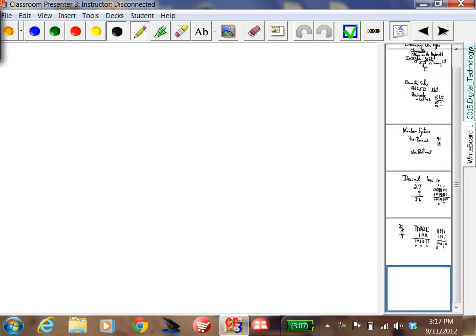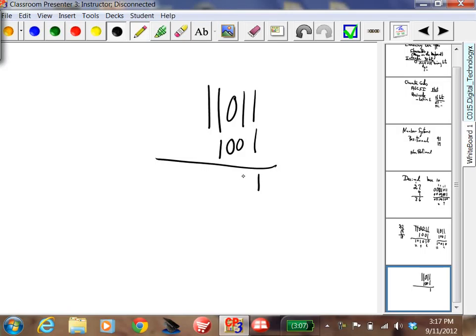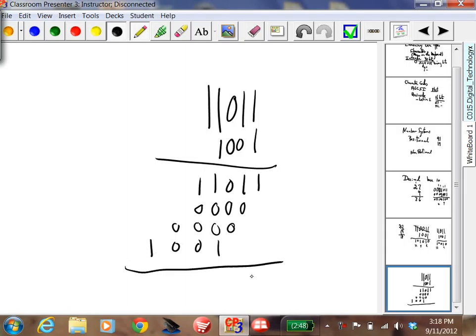Let's multiply. 1, 1, 0, 1, 1 multiplied by 1, 0, 0, 1. 1 times 1 is 1, 1 times 1 is 1, 1 times 0 is 0, 1 times 1 is 1, 1 times 1 is 1. Oh. 0 times 1 is 0, and so on. Then 1, 0, 1. 1 and 1 is 2, carry my 1.